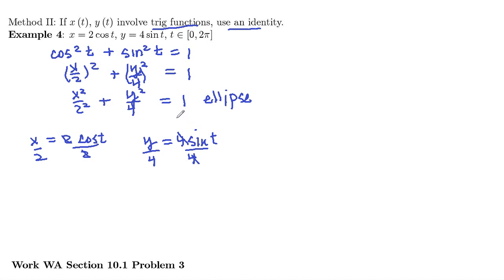So let's sketch a picture of this guy. Get our y-axis going here, and x-axis here. And this is going to go out plus or minus 2 in the x direction. Oh, that should be a 4 squared. Plus or minus 4 in the y direction.